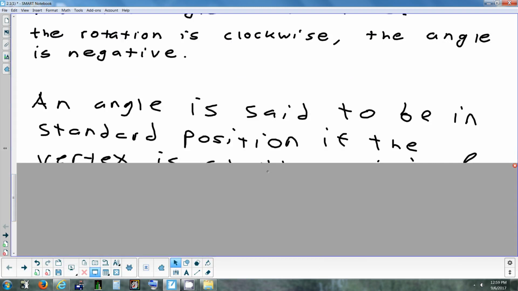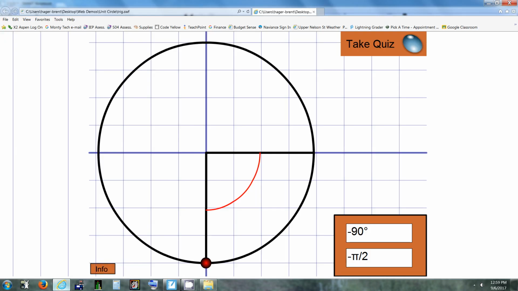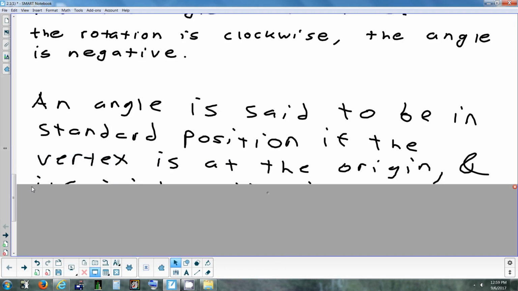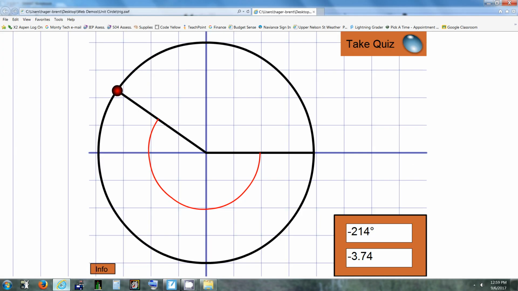All right, so I told you that when we sketch an angle, a lot of times we like to draw it a certain way. Every angle that I just showed you in this program was drawn in what's called standard position. Two things have to happen for an angle to be in standard position. One is the vertex of the angle has to be at the origin. In this program, it always is.